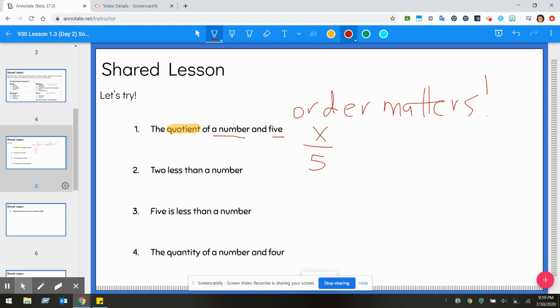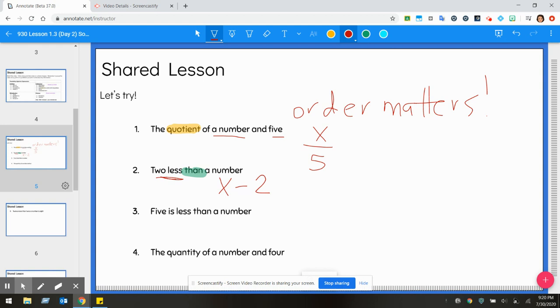Next one, 2 less than a number. Like I mentioned before, that word than means that I'm going to write this as that number, and then 2 less than that number is going to be x minus 2. Okay, so when you see that word than, you're going to kind of switch the order of the terms. 5 is less than a number.